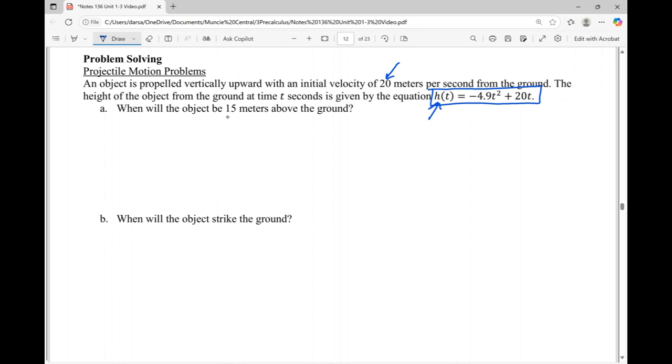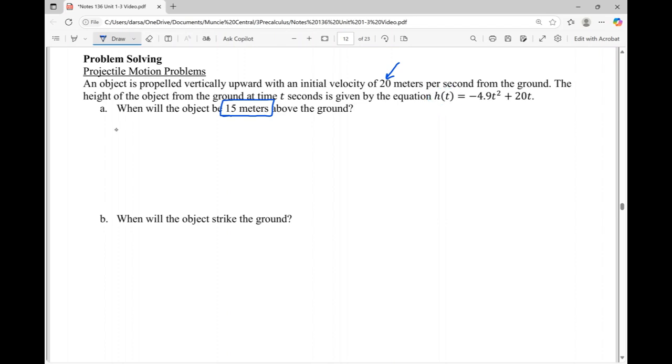And if we look at part A, what did they give us here? Did they give us a height or did they give us a time? They gave us a height. So we're going to go ahead and plug this 15 meters in. Now remember, when you plug in for something that looks like h of t, that's one big thing. It's not h times t. So we're going to plug 15 in for h of t, the function.